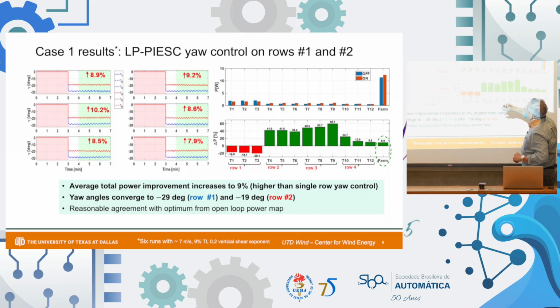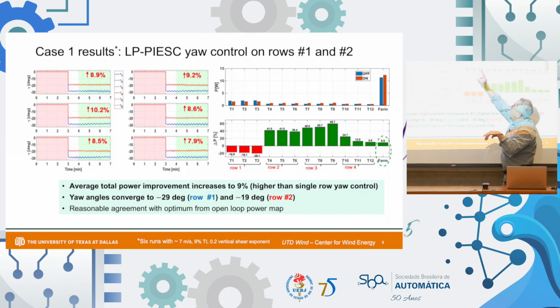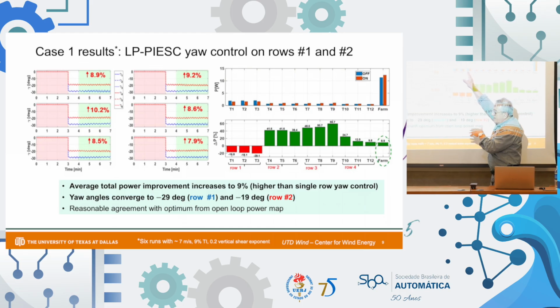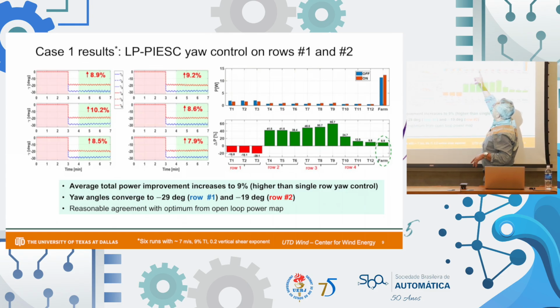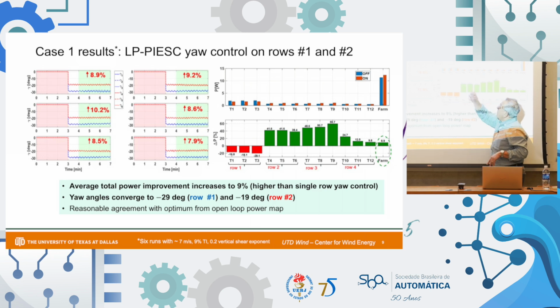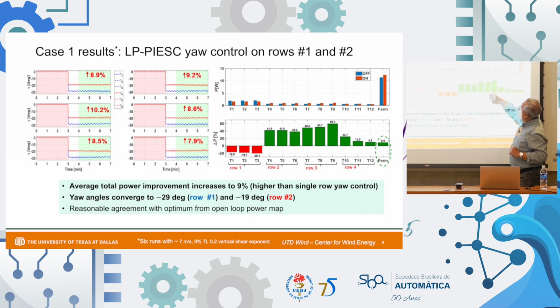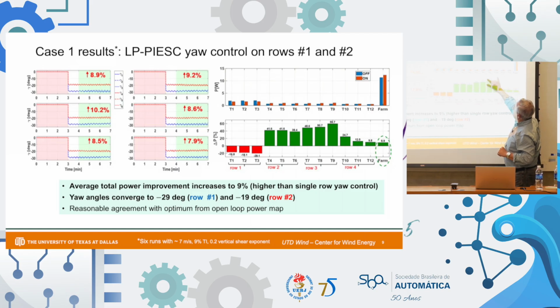This is the first row on the left, this is the first row in the center, this is the first row on the right. These are all first row turbines, and they all lose power. But the turbines that are behind gain power. At this scale they seem small, but they are not. And the same thing happens at the end.